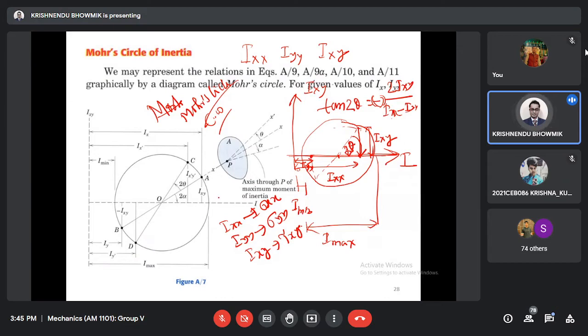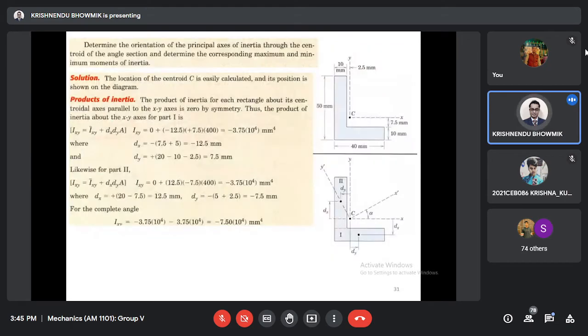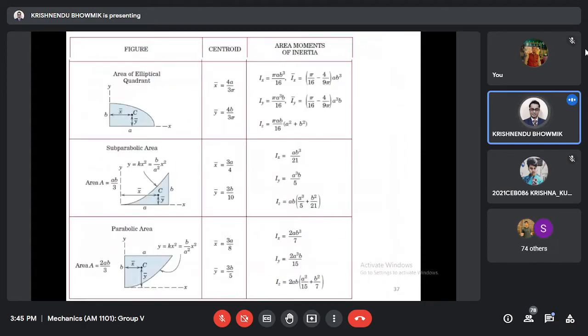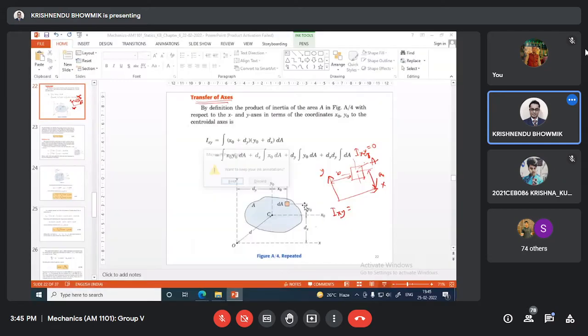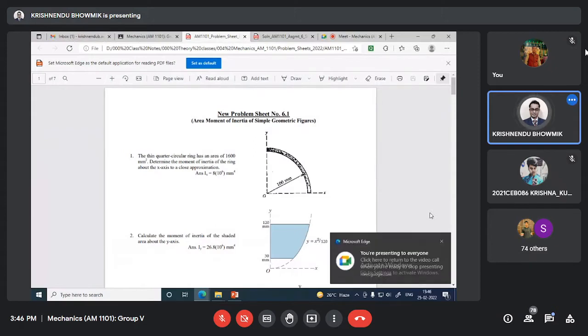That you will learn in higher classes. Now, given the problems, we can solve whatever you ask. Some standard properties you can get from the appendix books. Now this portion of the theory is over. Now the question is related to the problem sheet.